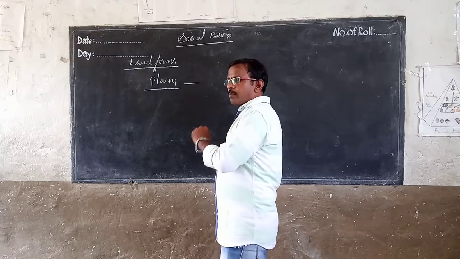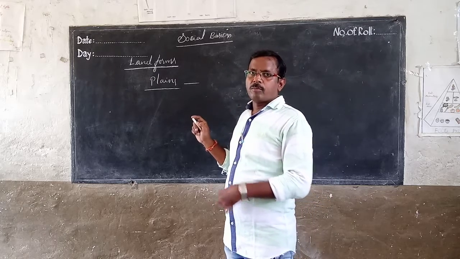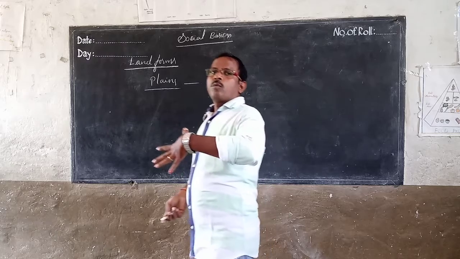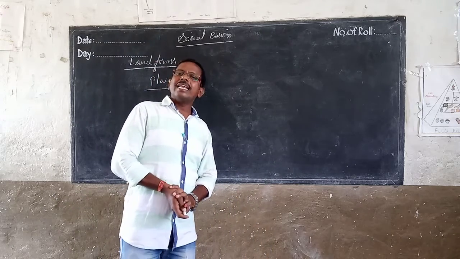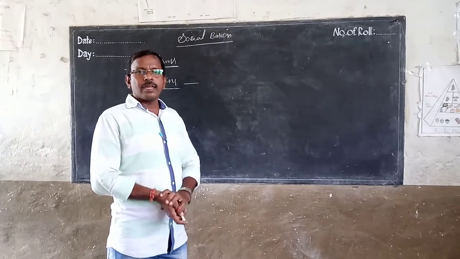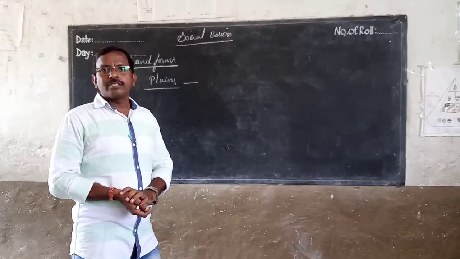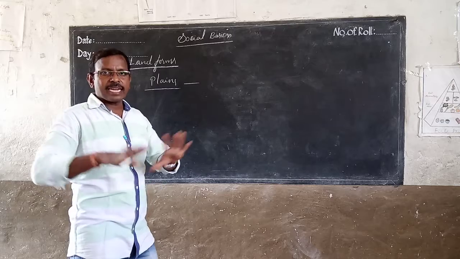Plains are a large, vast, flat land, and they are green lands. Almost all of it will be green. Plains are flat lands with a large area, actually flat land.